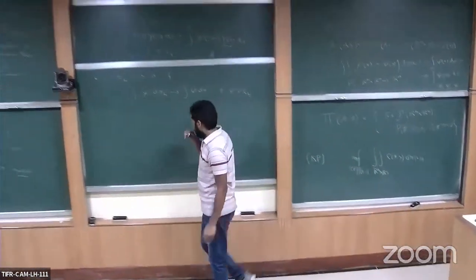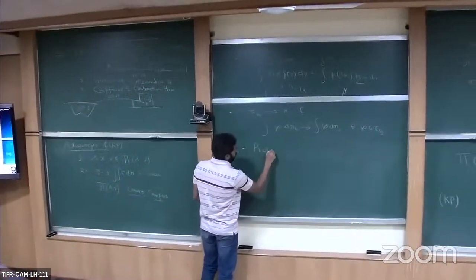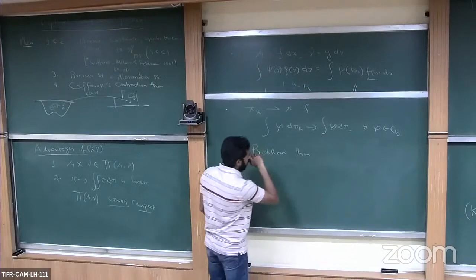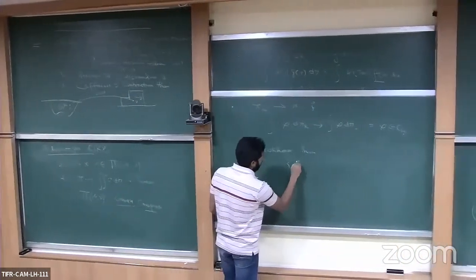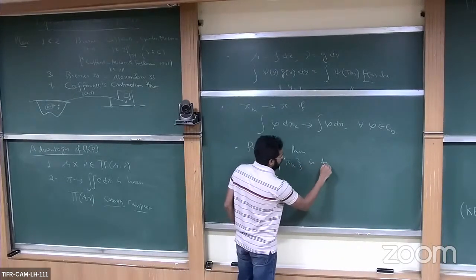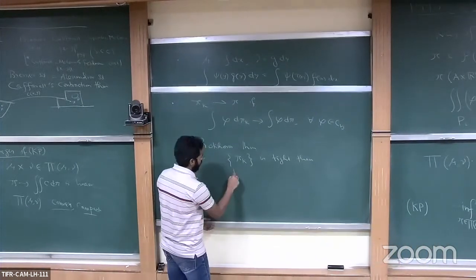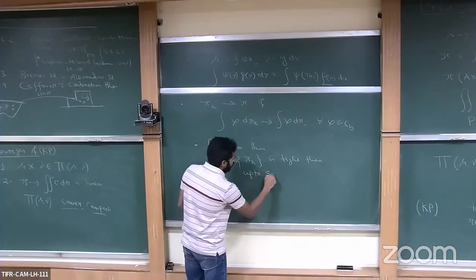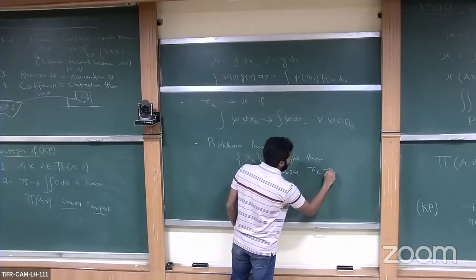Prokhorov's theorem tells you that if a sequence of measures phi_k is tight, then it is weakly compact. Then up to a subsequence, phi_k converges weakly to some phi.